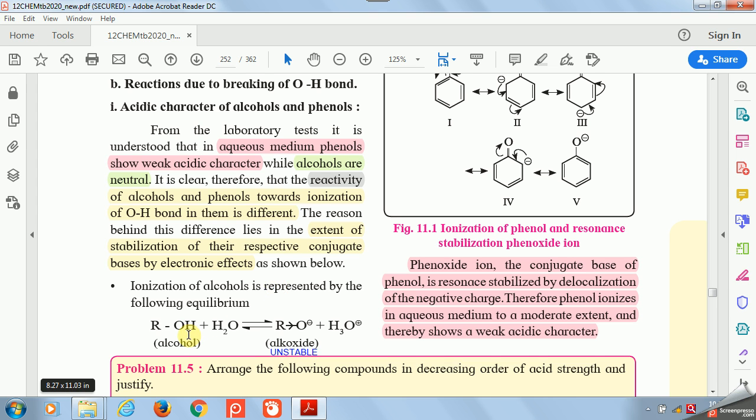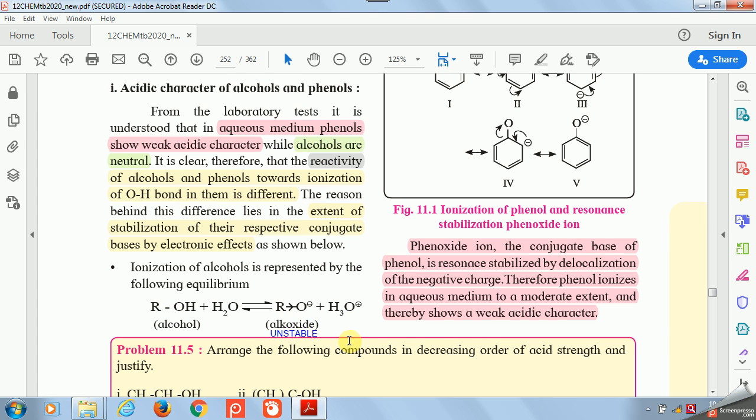So if we write the ionization of alcohol, ROH reacts with water, it gives RO minus plus H3O plus, and again these two combine together to produce the reactant back. So there is a reversible arrow, and this RO minus is unstable. What is the reason behind the instability of this RO minus alkoxide ion? The reason is the R group.